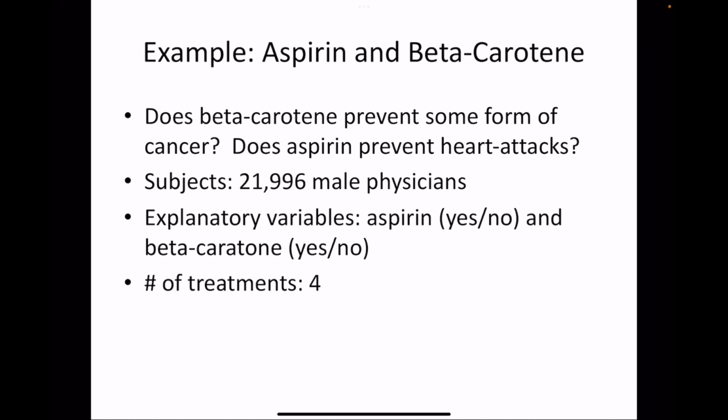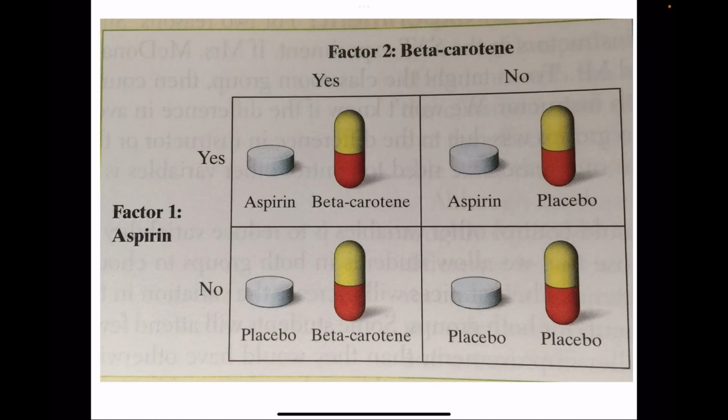So for explanatory variables, did they take aspirin or did they take a placebo? Did they take beta carotene or did they take a placebo? And if you think about it, that makes 4 different treatments. Here's the chart on that. So you want to put a placebo in there because everybody needs to feel like they are taking something that's going to help them.